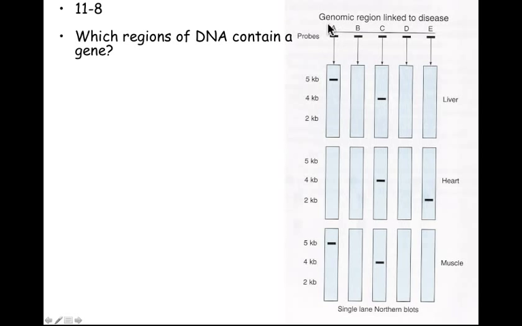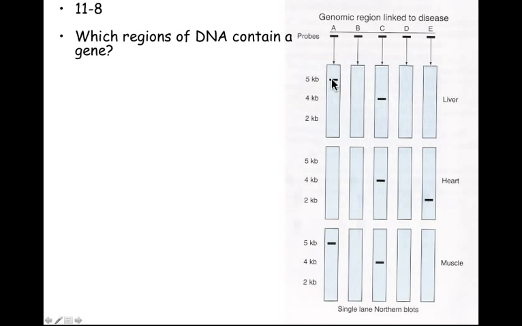So with probe A, we detect a messenger RNA here and here. So region A contains a gene. We detect transcripts with C here, and we detect transcripts with E here. So what we can say is that regions A, C, and E definitely contain genes.